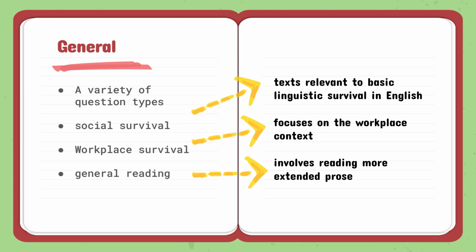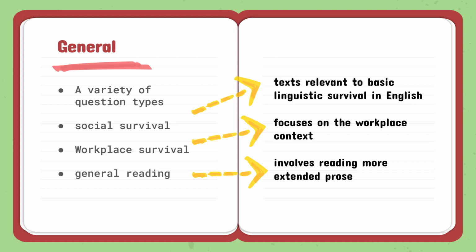Then the second purpose was workplace survival, what the exam actually tries to test in you. Sometimes the texts focus on the workplace context. The reading that you are presented with includes information about a working situation.